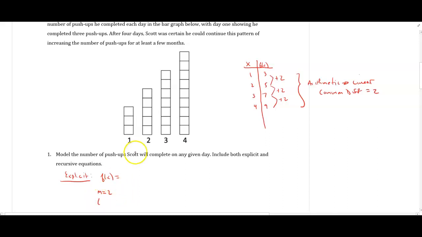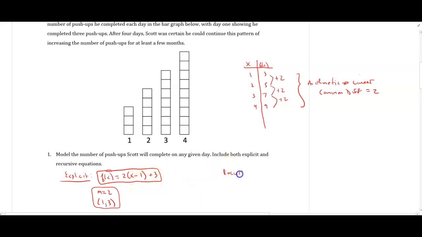And I'm going to use the first day I had 3 push-ups. I'm going to use this information to write my explicit rule. So f of x equals 2 times x minus the x coordinate, which is 1. Then I started with 3, so plus 3. And that would be my explicit rule.